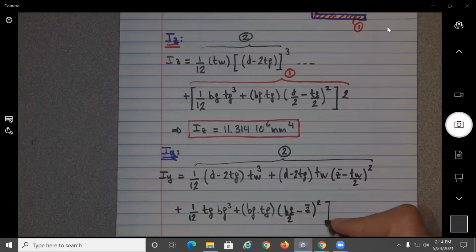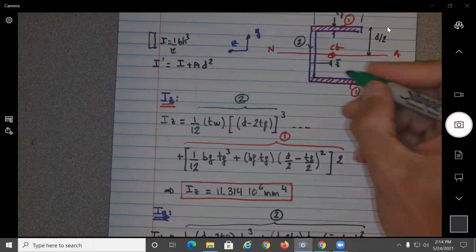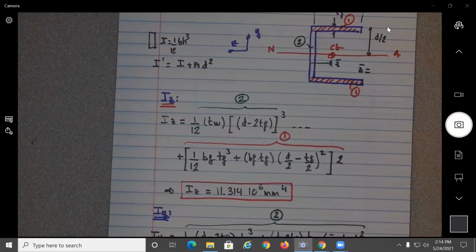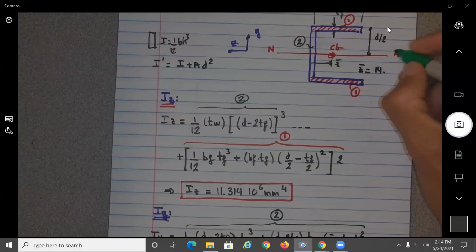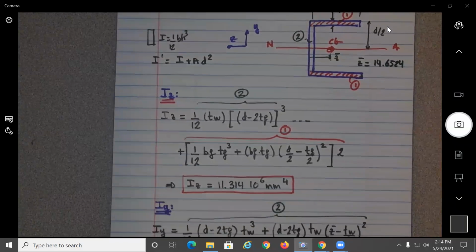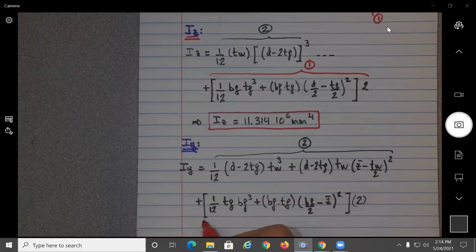And since there are two of them, we need to multiply by 2. Okay, I'm going to put it on the figure here. Be careful because I put the Z positive. So in our calculation, the Z is positive and is equal to 14.6524. Okay, I'm just taking the magnitude now. And all this will be for 1.